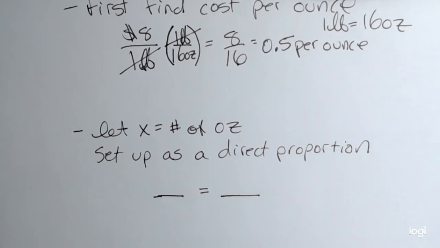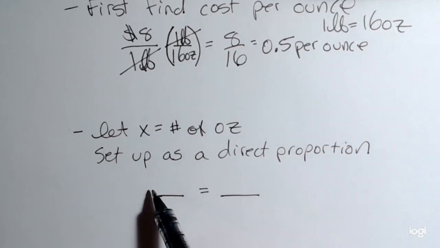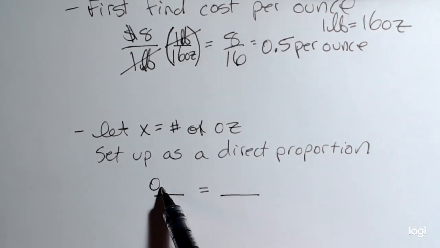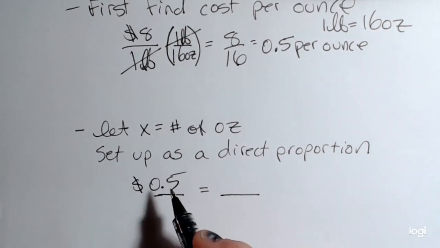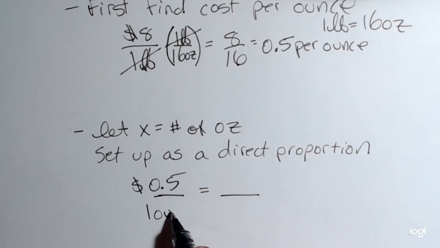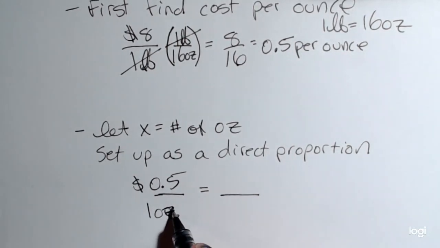It's not like as you increase the ounces, the cost decreases. So I'm going to go ahead and put the relationship per ounce on the left side, so $0.5 per 1 ounce. I'll use the abbreviation.